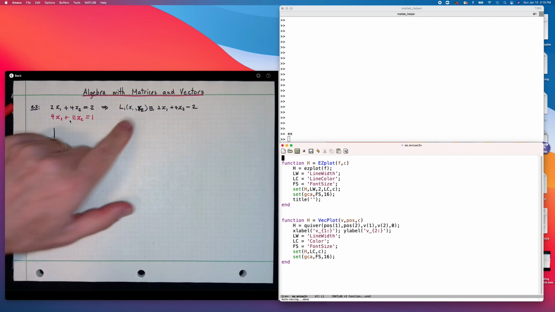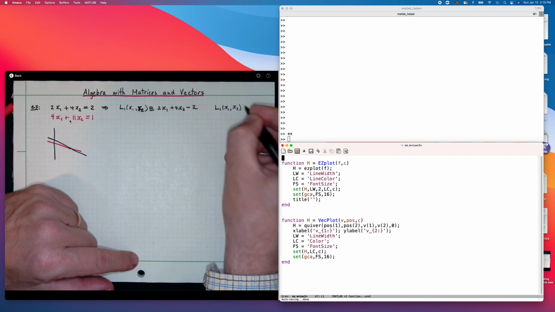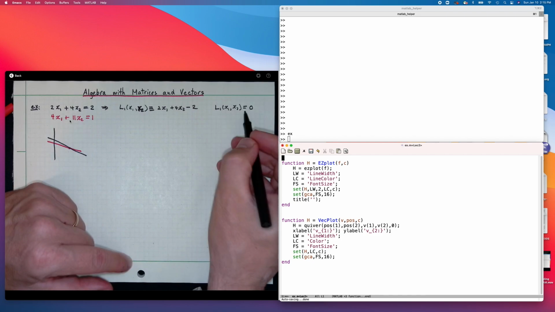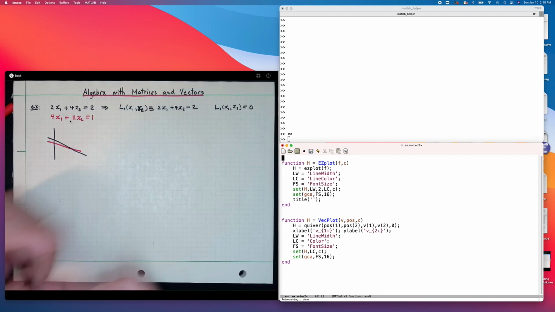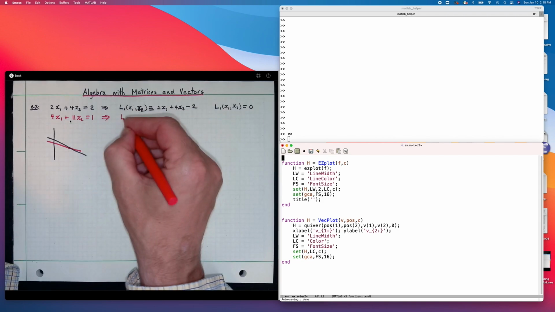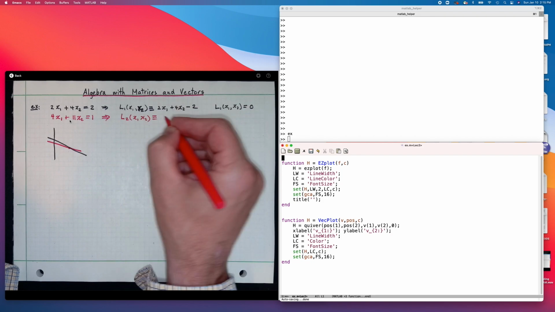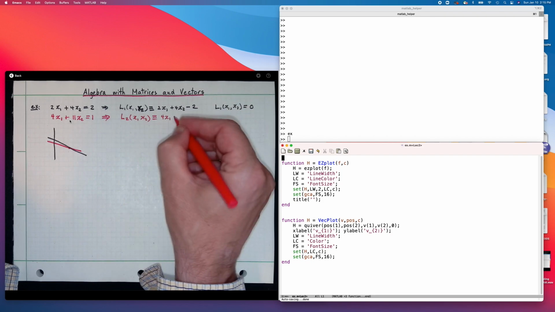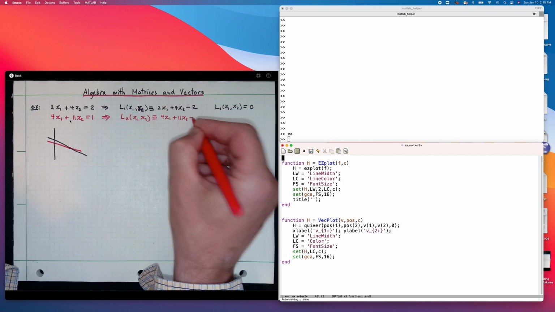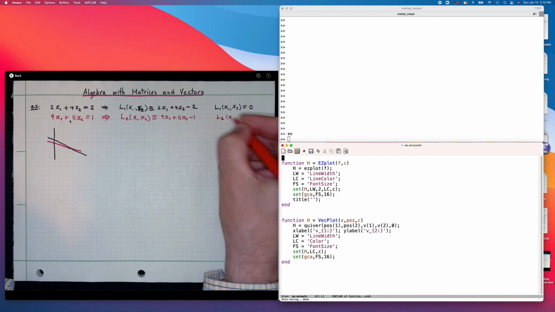And so this equation, which defines a line, corresponds to L1 of x1, x2 equal to 0. So this is the equation of the line. And for the other one, we have L2 of x1, x2 defined as 4x1 plus 11x2 minus 1. And then this line will be L2 of x1, x2 equal to 0.